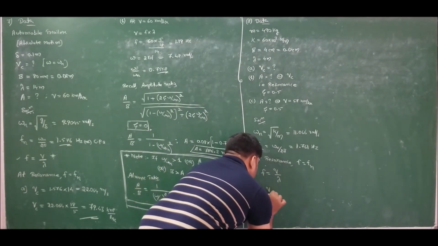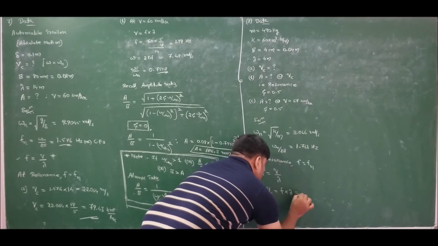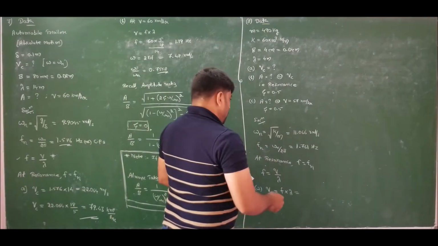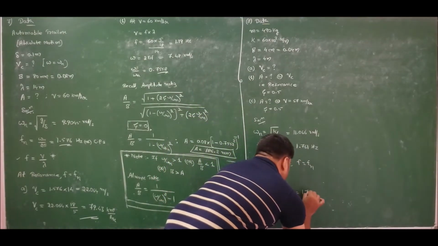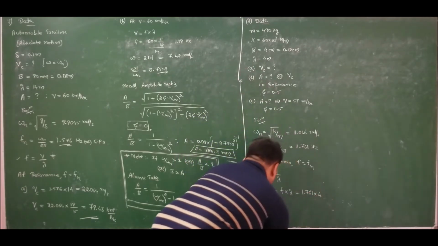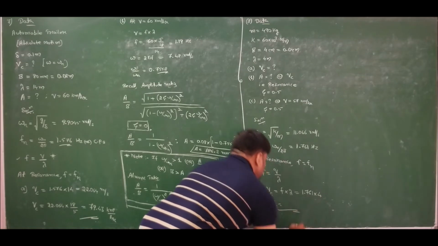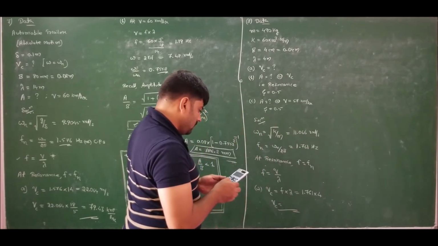So hence critical speed will become what? F into lambda. We know the value of F. How much is F? F is 1.761. So therefore it is 1.761 into wavelength, lambda is 4 meters.